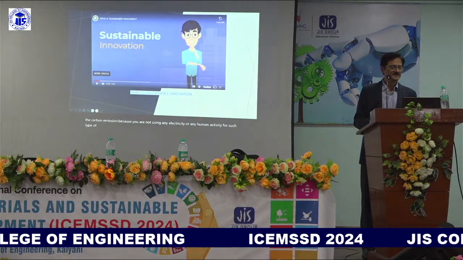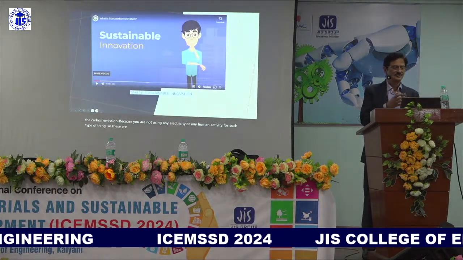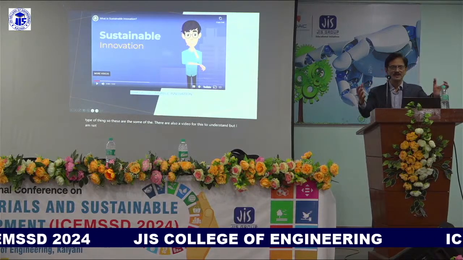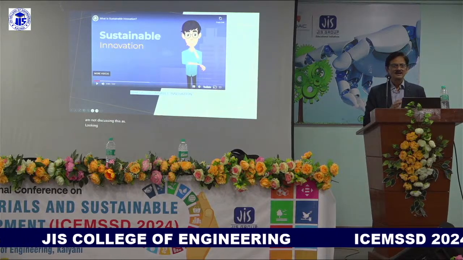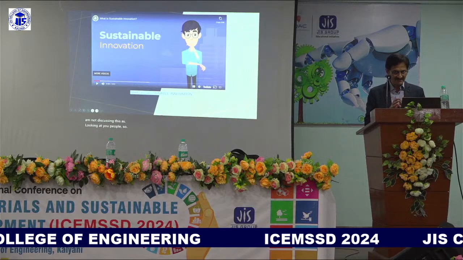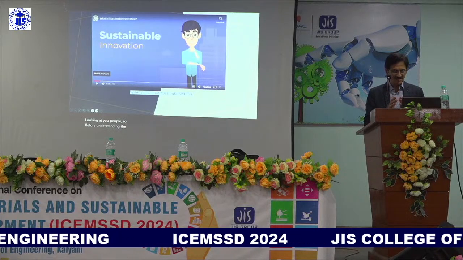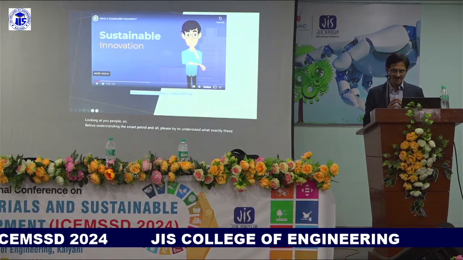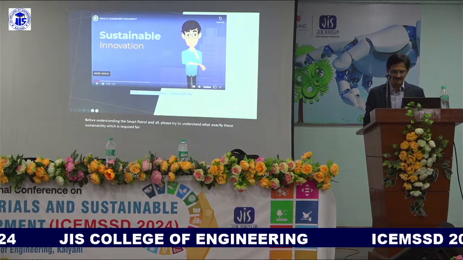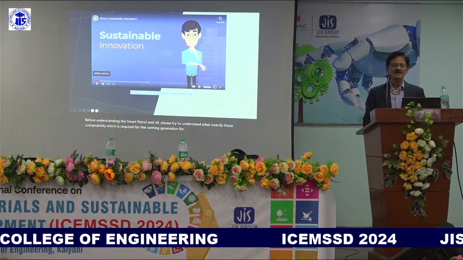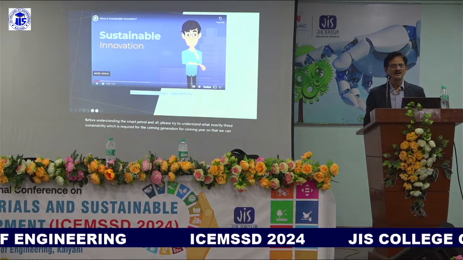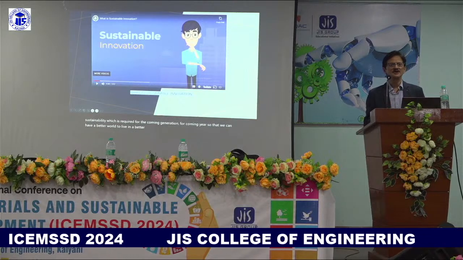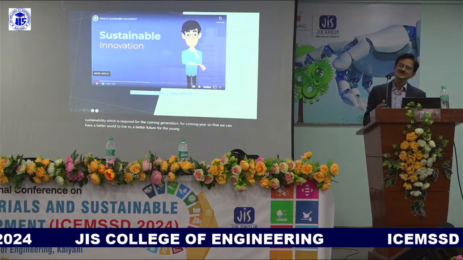So these are some of the examples. There is also a video for this to understand, but I am not discussing this as engineering people. So before understanding the smart material and all, please try to understand what exactly is sustainability which is required for the coming generation, for the coming years, so that we can have a better world to live in, a better future for the young generation coming in.